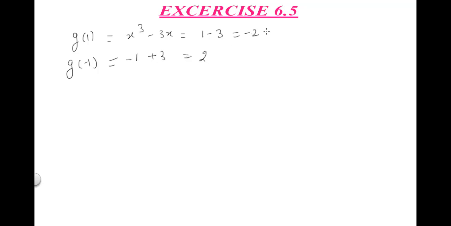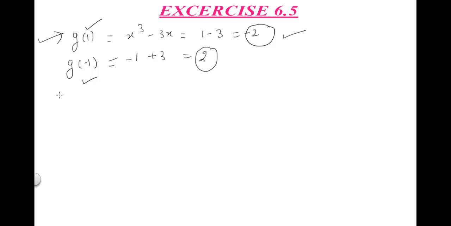So minus 2 will be the local minimum value and 2 will be the local maximum value. It depends on the point. If 1 is the point of local minima, then minus 2 will be the local minimum value. The local minimum and maximum values will not be calculated by placing 1 or minus 1 in the derivative. We are going to place them in the original function that is given in the question.